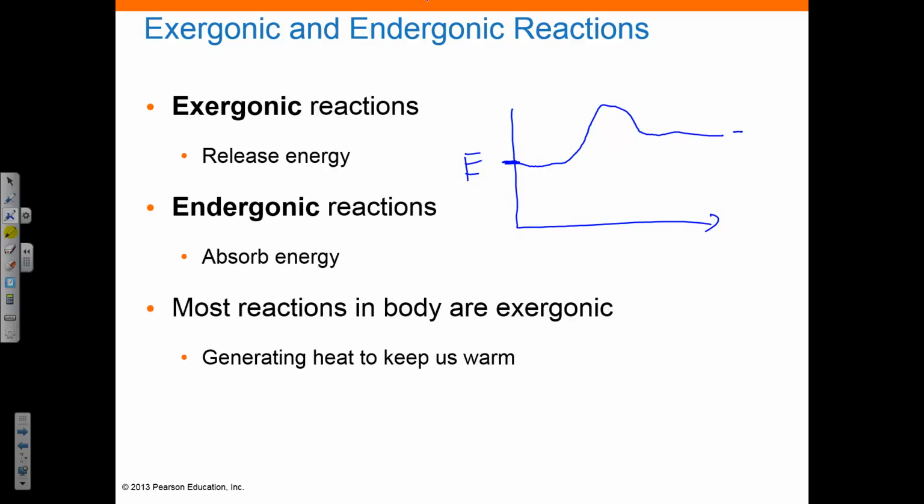So we started here, ended up here, indicating that more energy was put in the system from the beginning to the end. Most reactions in the body are exergonic. That is, energy will be released as they proceed from reactants to products.